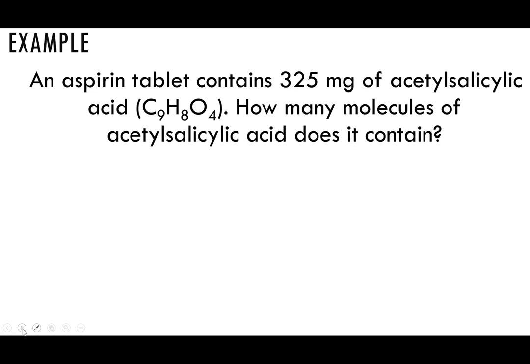So here's an example we're going to work through together nice and slow. An aspirin tablet contains 325 milligrams of acetylsalicylic acid. There's the compound for acetylsalicylic acid. I want to know how many molecules of acetylsalicylic acid it contains.